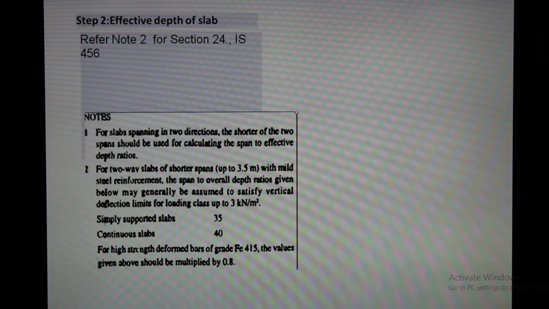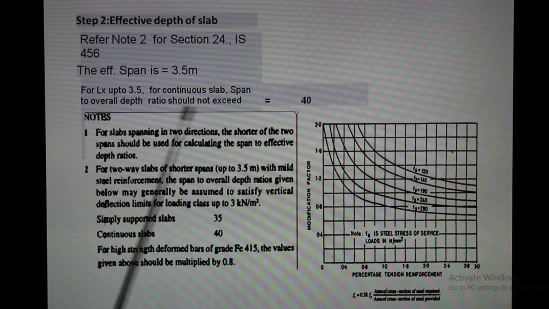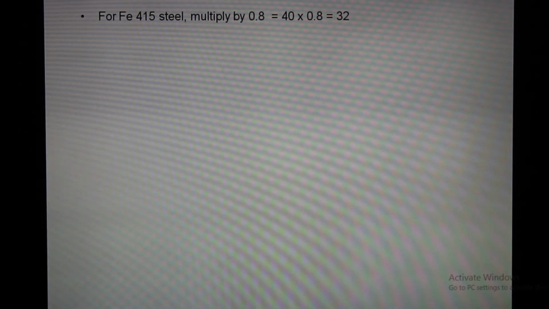Here it is a continuous slab. So for Lx up to 3.5 meter of continuous slab, the span to overall depth ratio we have taken as 40 as given in the IS. Next, for Fe 415 steel, the factor is to be multiplied by 0.8, so it gives rise to 32.